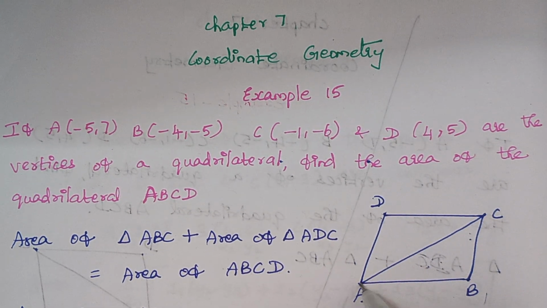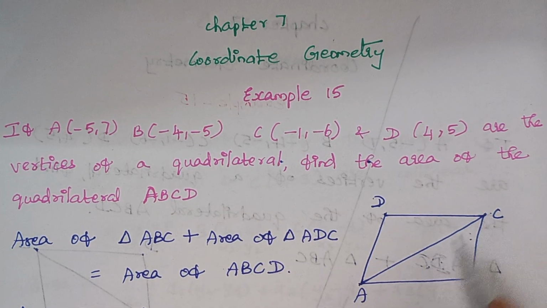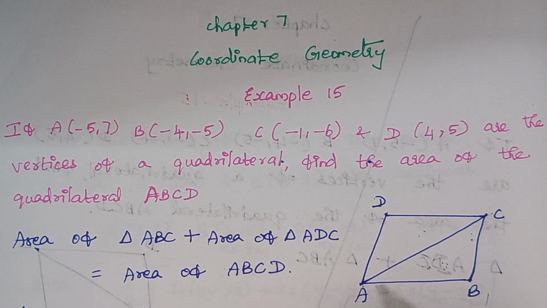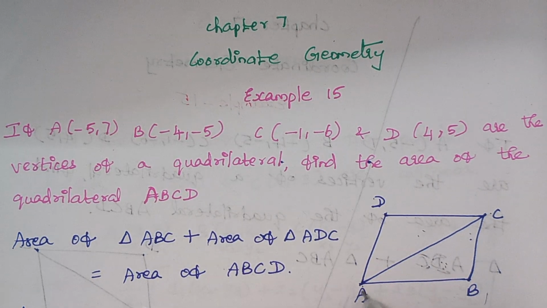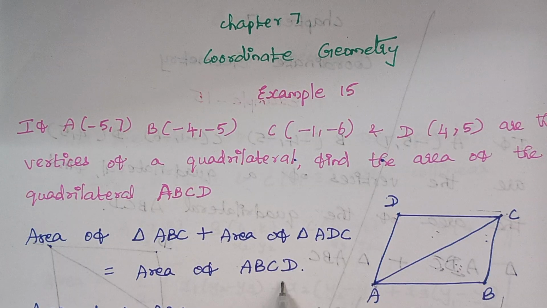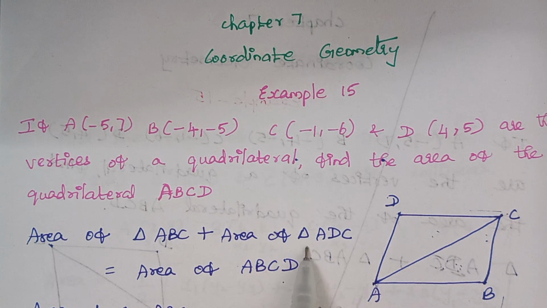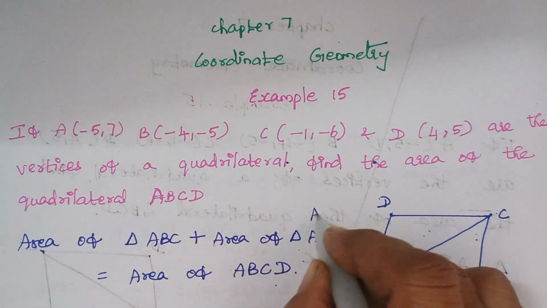When you draw any one of the diagonals, when you connect any two opposite vertices, this looks like two triangles, right? That is ABC is one triangle and this ADC is other triangle. So here we simply write it as area of ABCD is nothing but area of triangle ABC plus area of triangle ADC, right? ADC or ACD.